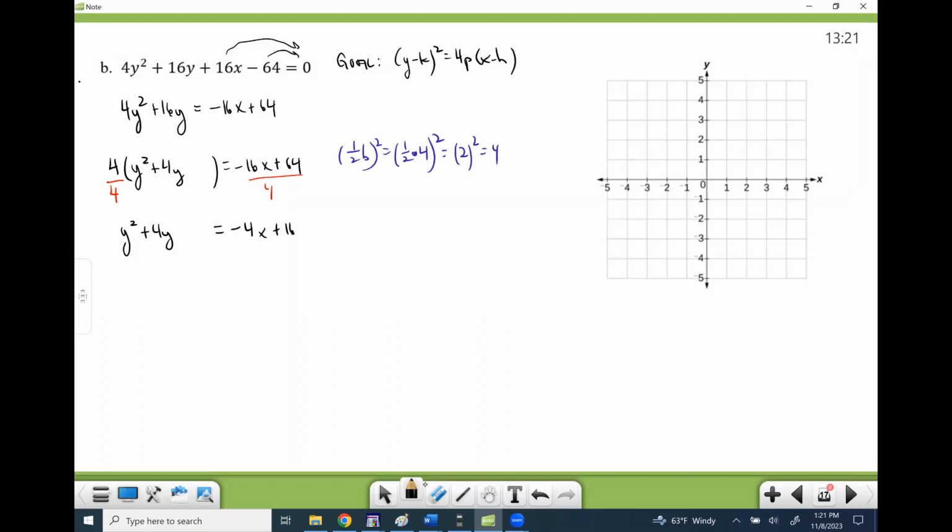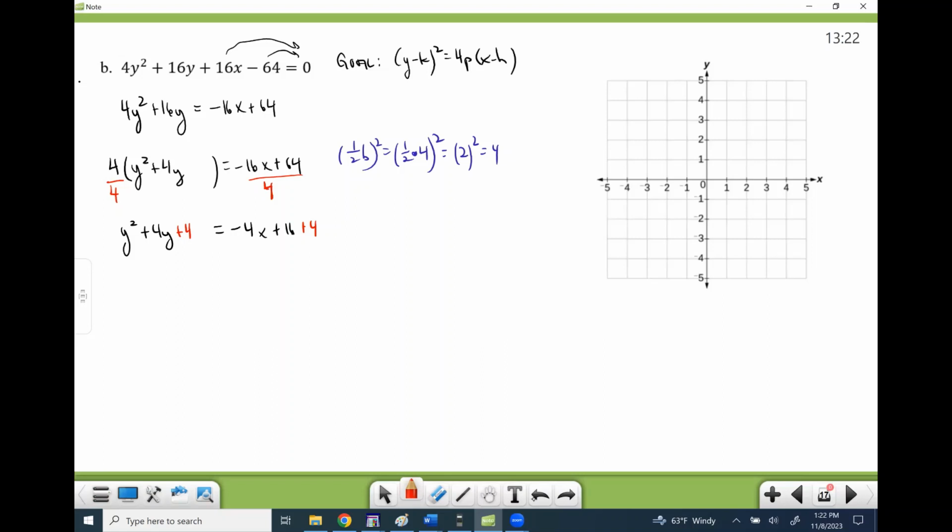So now you really could do just plus 4 and plus 4 because there's no number out front multiplying. On this particular case, that's what I would do. But I did want to show you the other one because it's not always the case that 4 goes into both of them, guys. That's actually kind of rare.